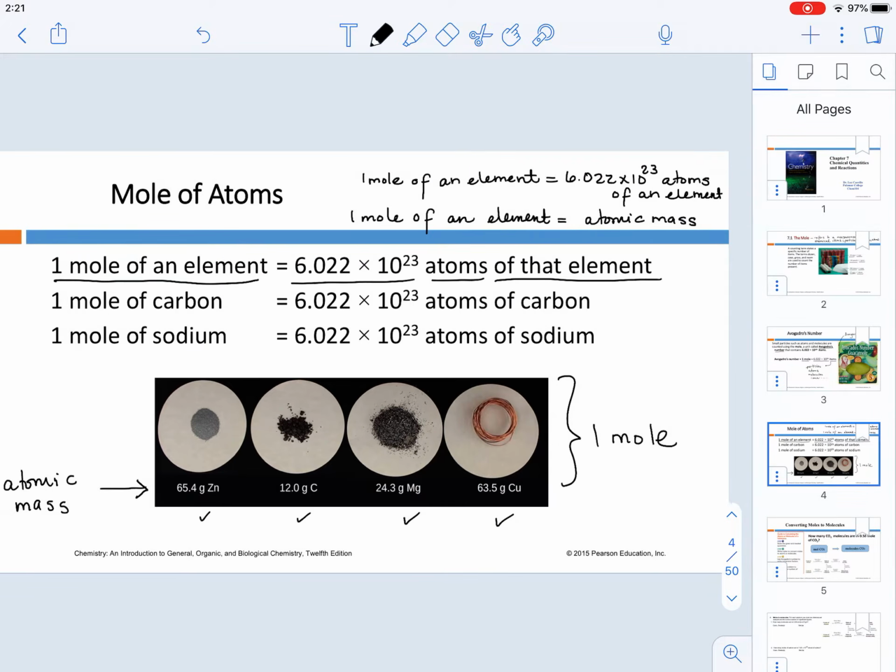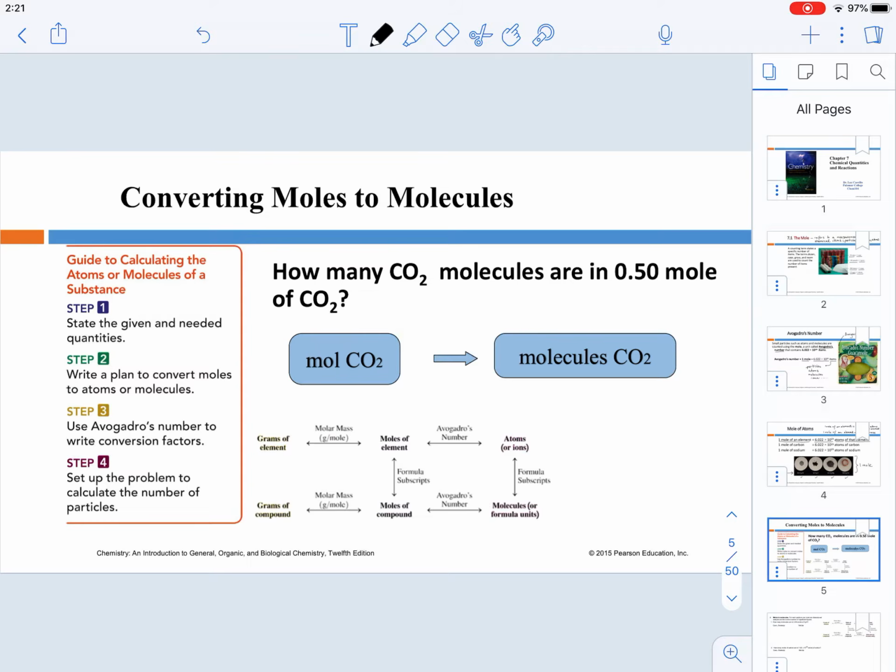So the first thing that we're going to learn in this chapter is how to convert from moles to molecules of a particular compound or element, and vice versa, going from molecules to moles. Maybe some of you may be wondering, why do I need to know how to do this conversion? In the laboratory, at times it is important that we know at the atomic level how many molecules are actually going to be interacting of a particular element or even a particular compound with, for example, things in the body.